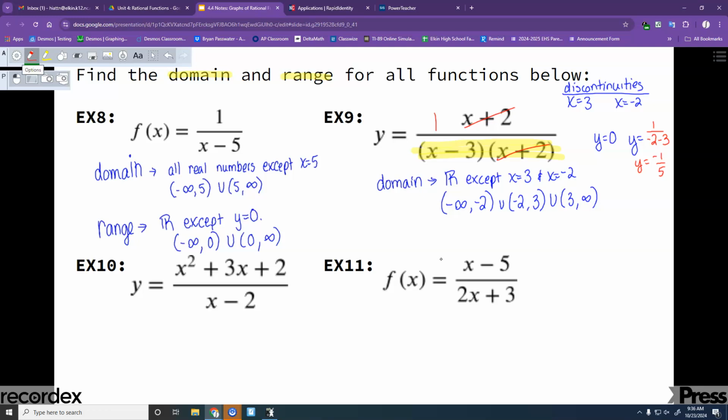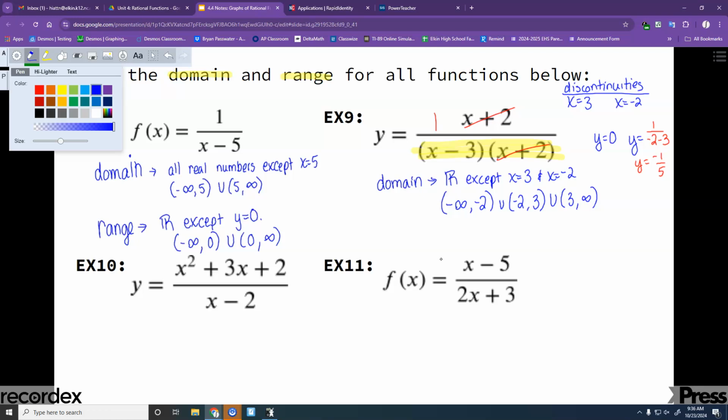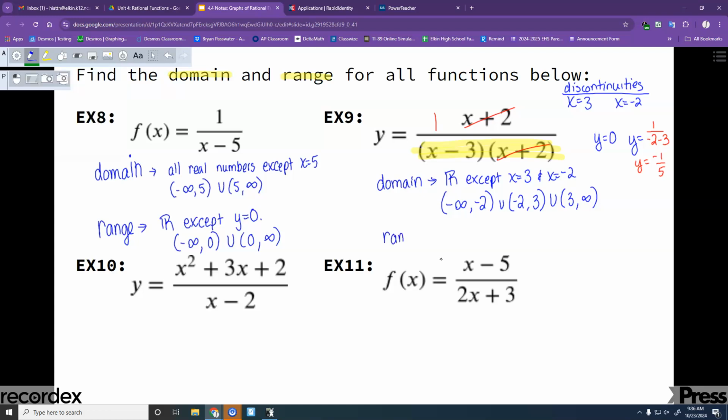So the range on this one would be all real numbers except y equals negative 1/5 and y equals 0.